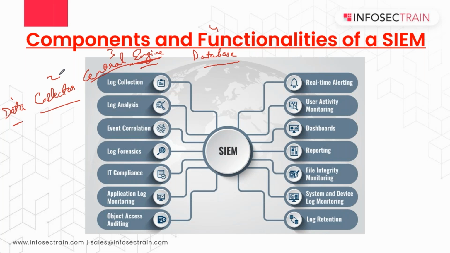One is your data, another is the collector, then we have the central engine, and then the database. The collector is like an agent, and we often call it collector or agents, or sometimes connectors. A collector receives the information about a particular event generated by any device in the network.